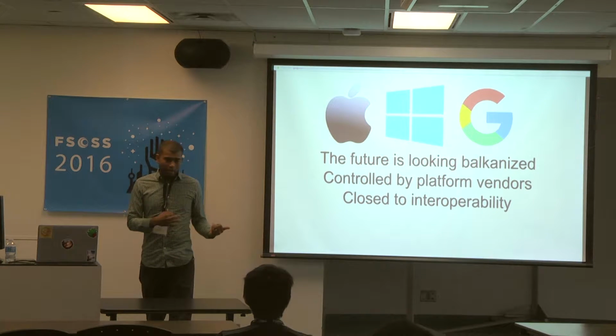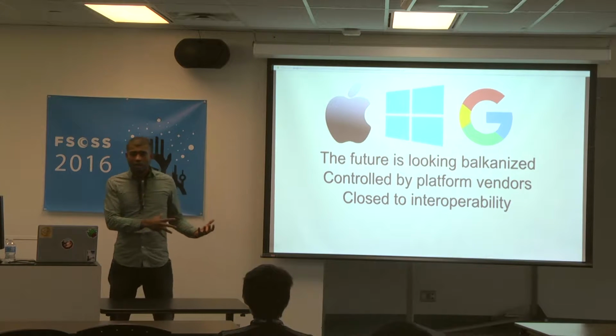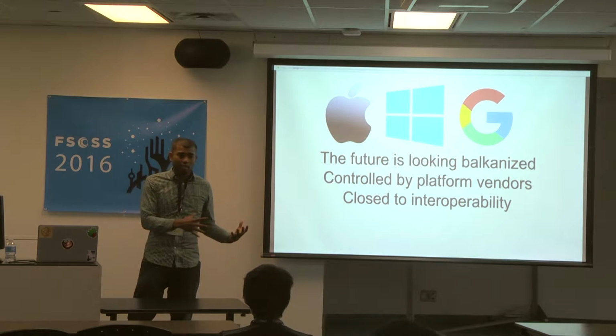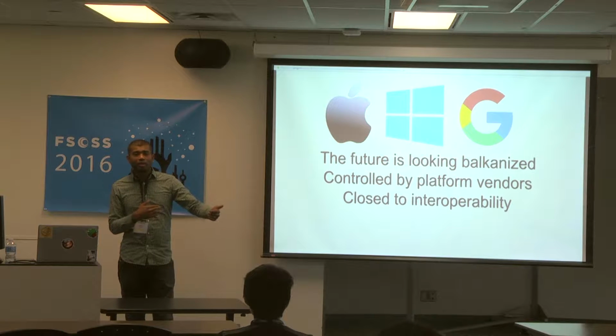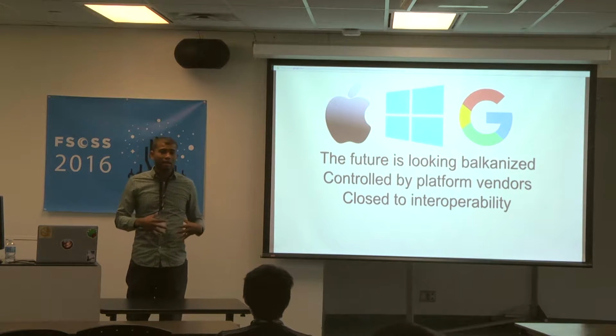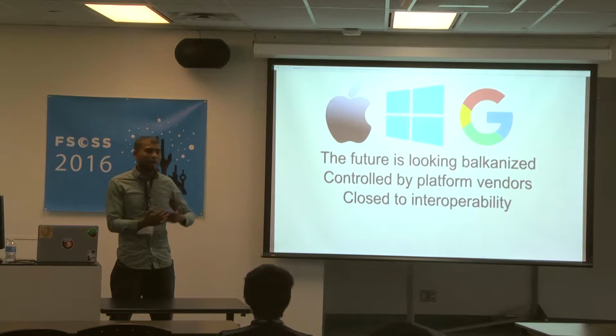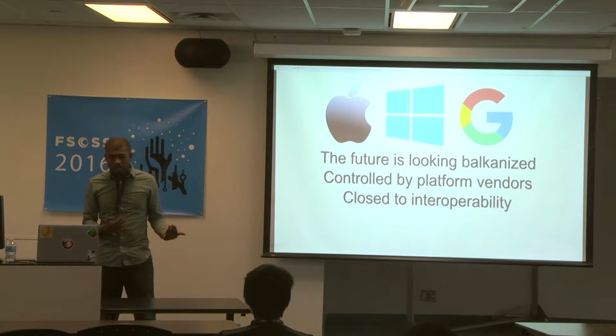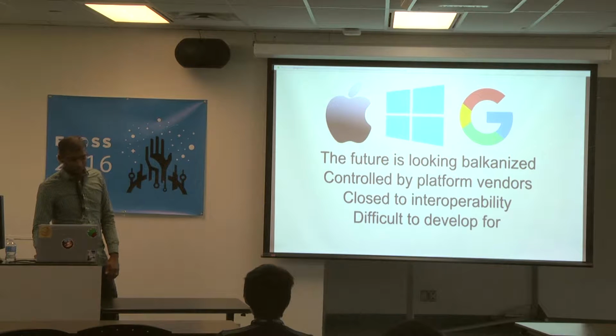That's a potential future we could end up in, where how well we can interact with the environment around us depends on our choice of smartphone platform or operating system. And that's not something that I believe is a good thing.